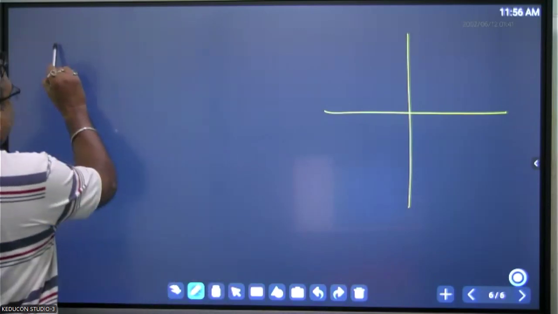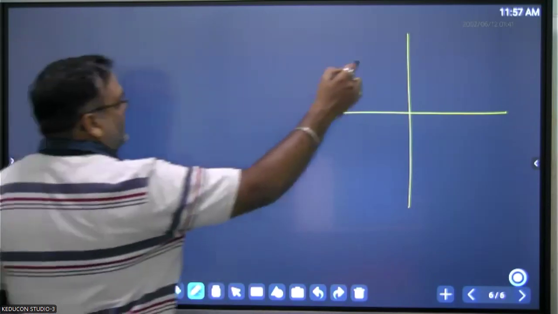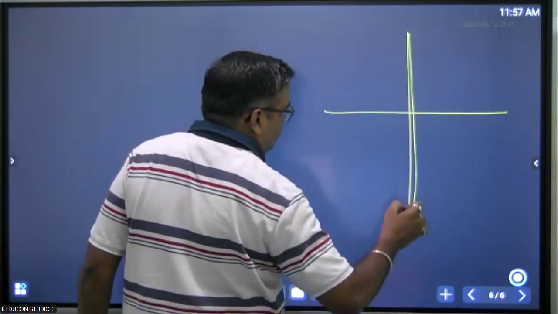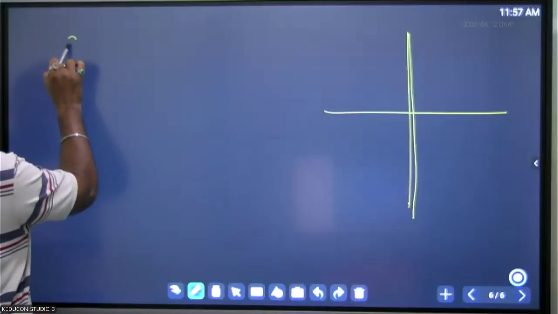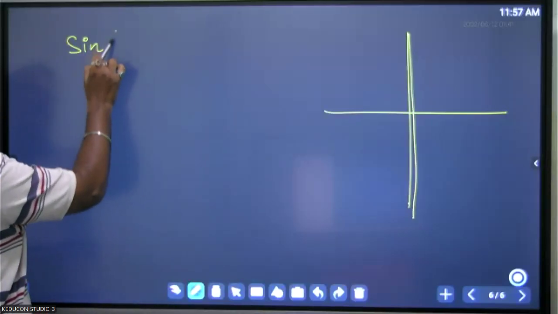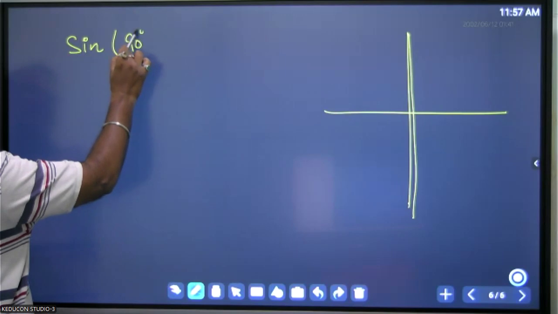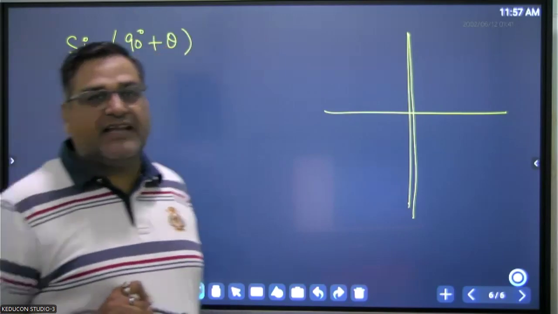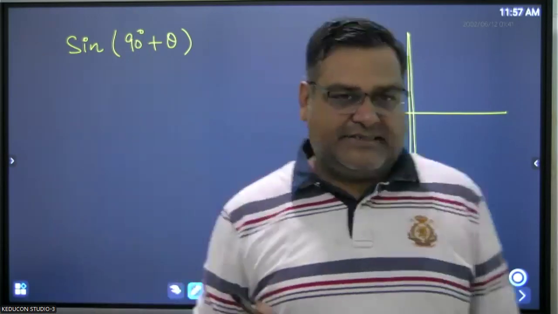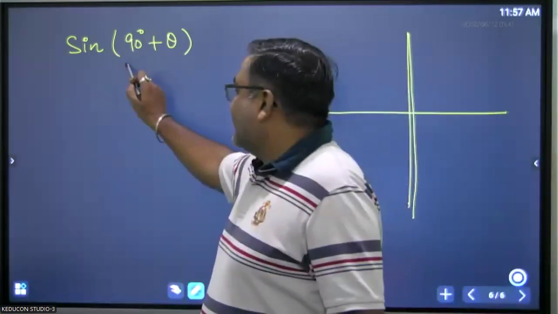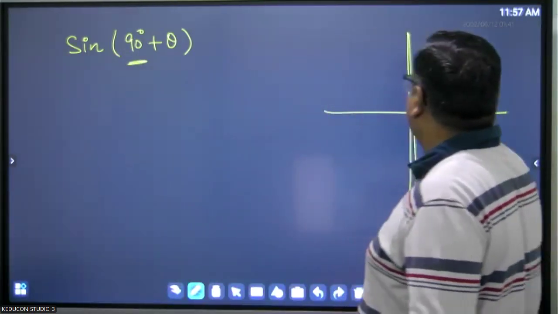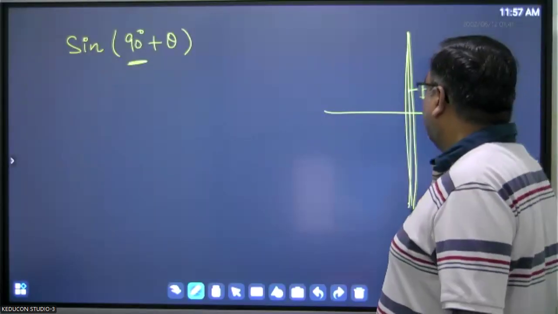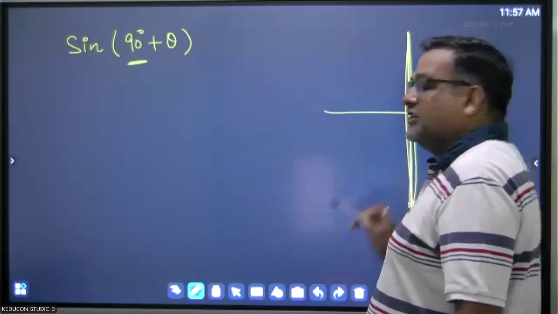The first rule is whether we are taking the angle on the y-axis, right? For example, if we are taking sine of 90 plus theta. Now this 90 is on the y-axis, right?